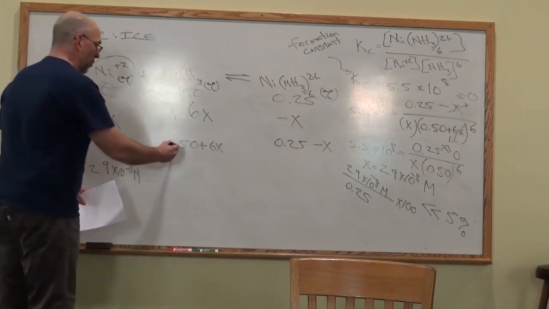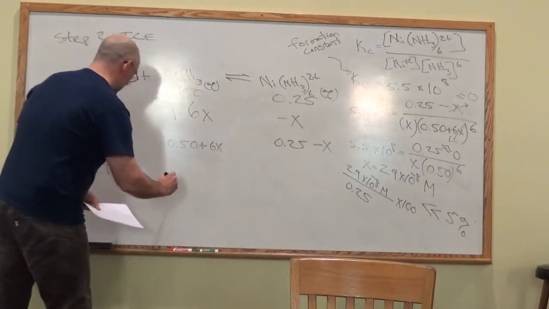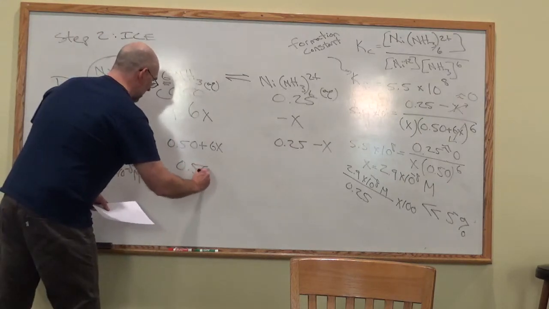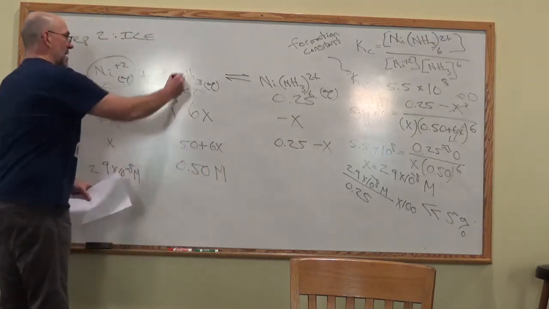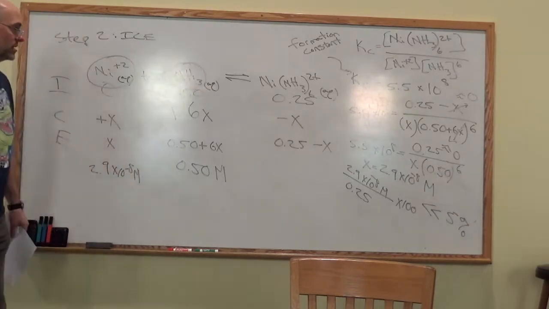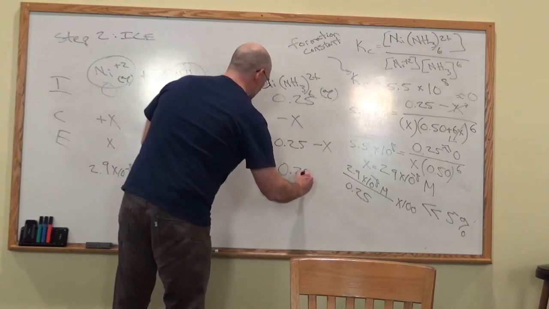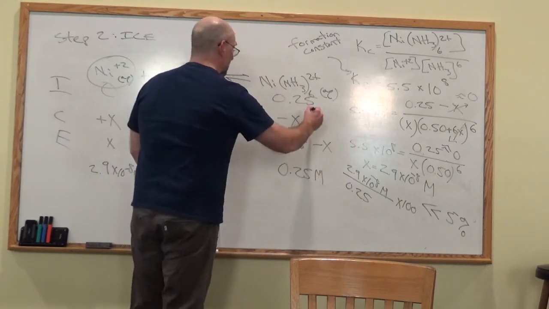Ammonia is going to be 0.50 plus 6x. Well, guess what? With sig figs, that x doesn't even matter. So the equilibrium concentration of ammonia is the same as it started. And the complex ion is also, because it's so small.